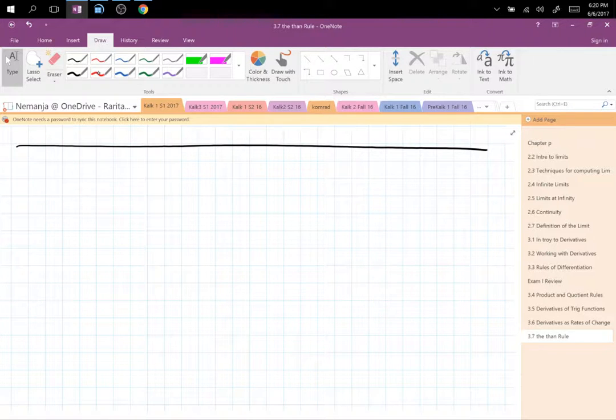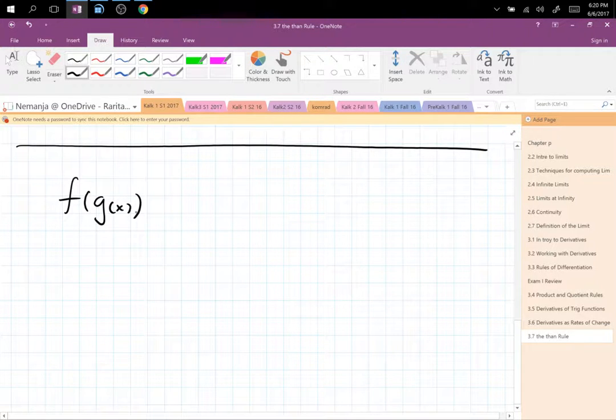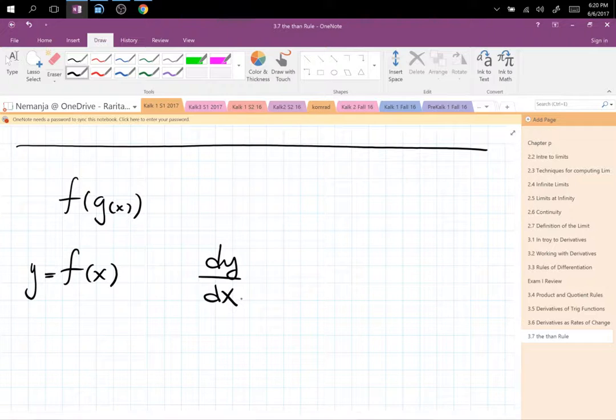If I have a function inside the function, so that should look like I should take the derivatives of all of them, right? So I'm going to start by first noting that y equals f of x has the derivative dy over dx. So y in respect to x.